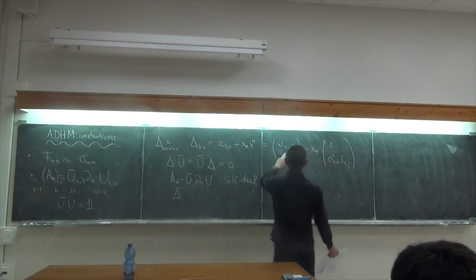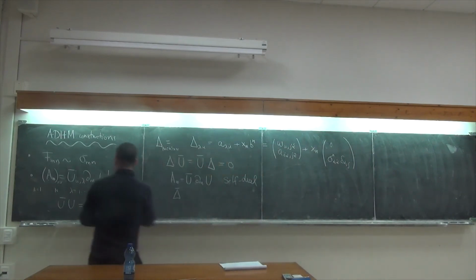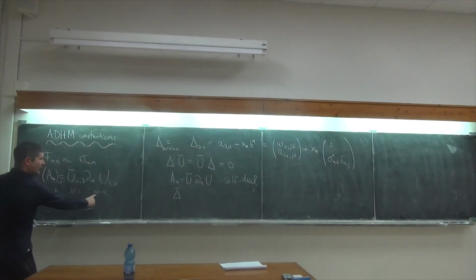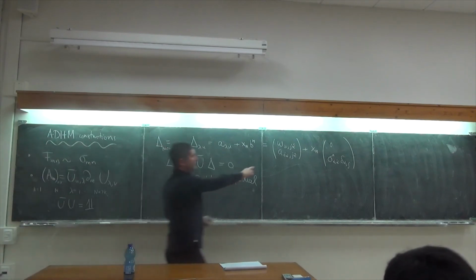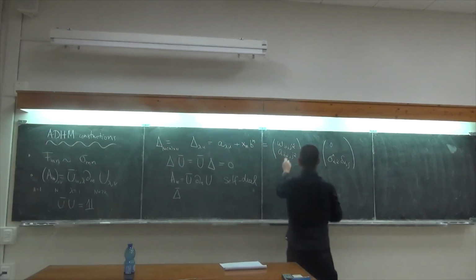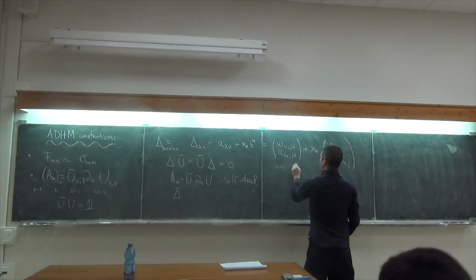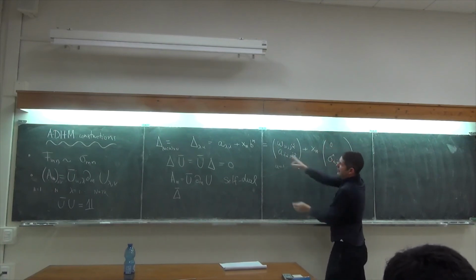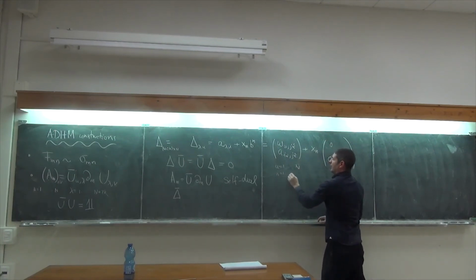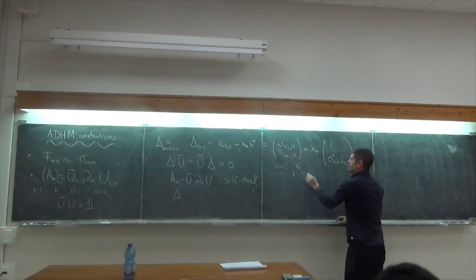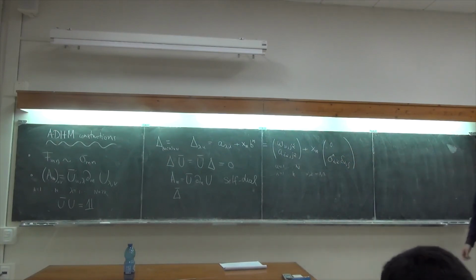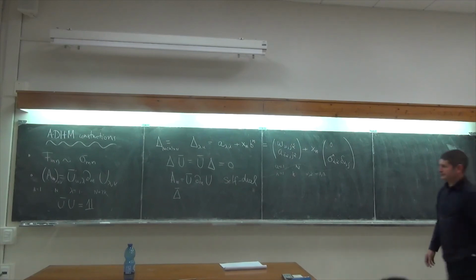What I'm doing here is you have this index lambda, which goes to n plus 2k. I split it in two: u goes from 1 to n, and the 2k I write like i goes from 1 to k, and alpha dot is from 1 to 2.